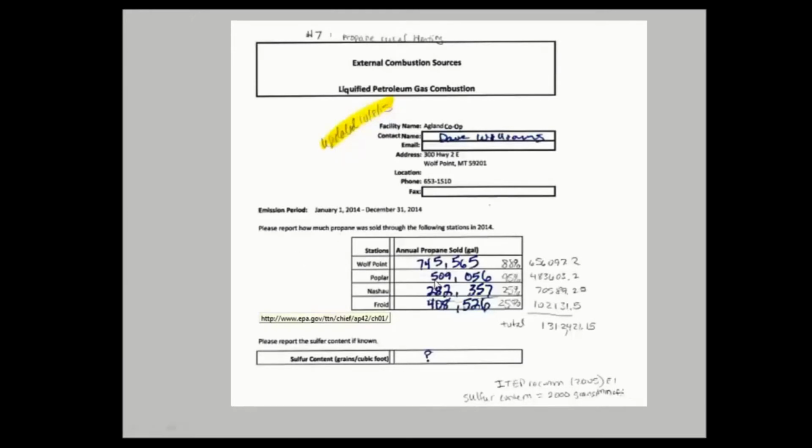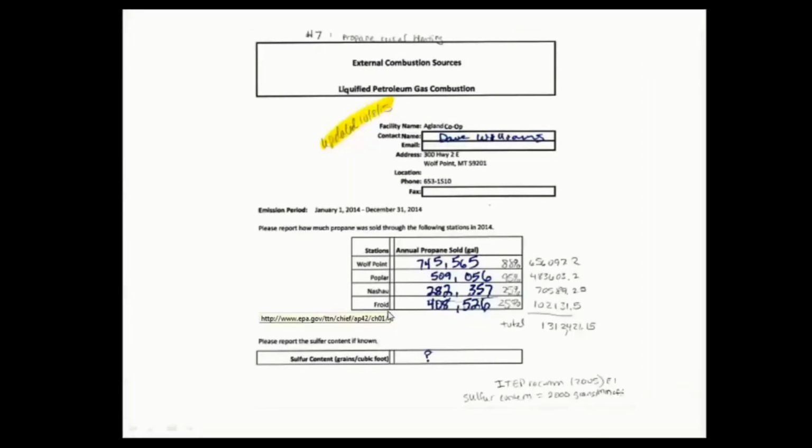Here we got sales from the only propane distributor on the reservation for each station, and then we made further estimates of how many sales were on the reservation. Nashua and Frazer are just off the reservation, but some of these homes are still within the reservation border.